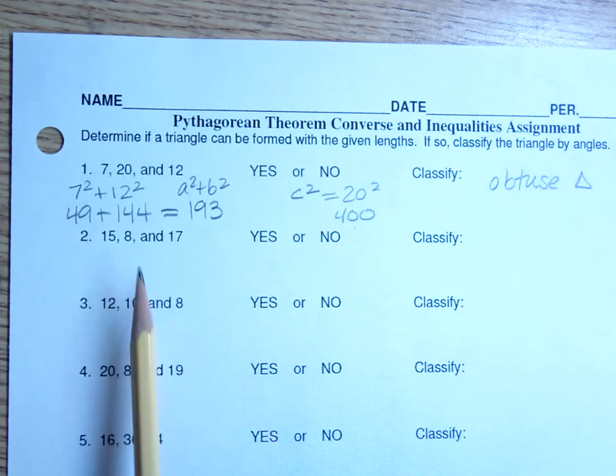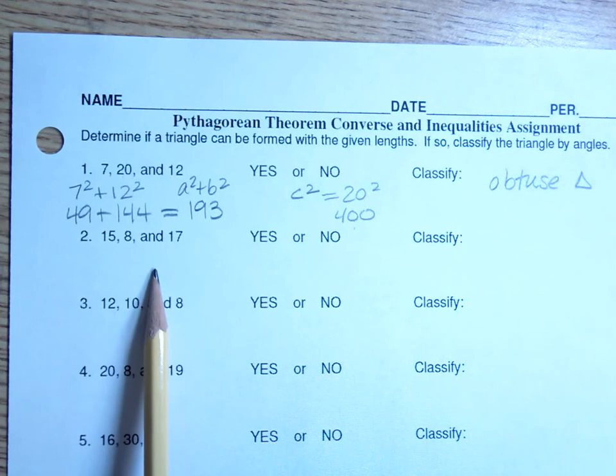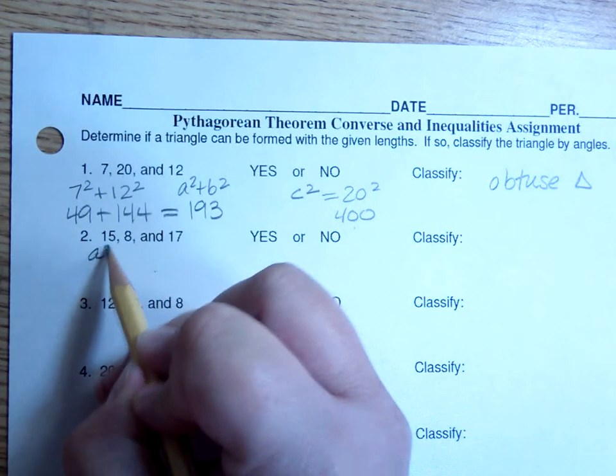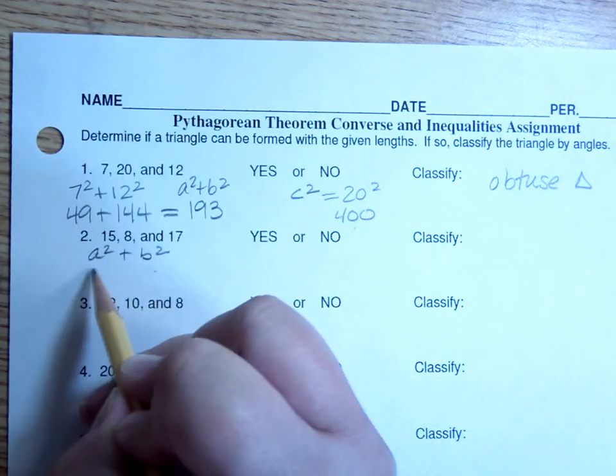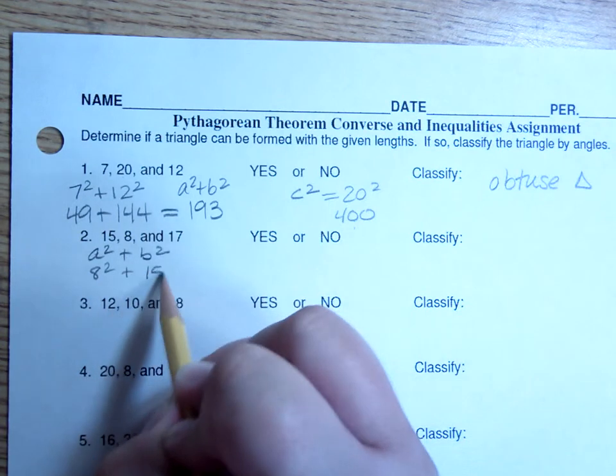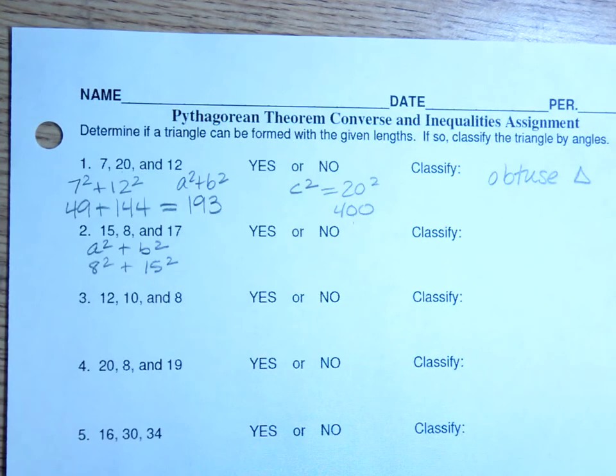So let's do this one. All right, the two smaller sides are what? 15 and 8. So that's my A squared and B squared. 8 squared plus 15 squared. So go ahead and figure that out. 289.